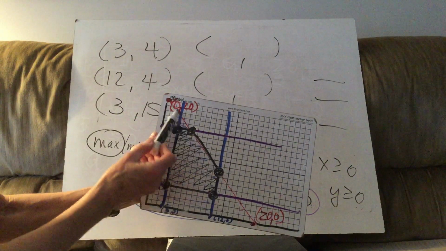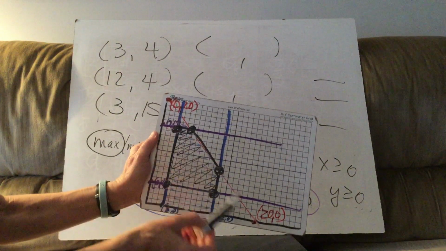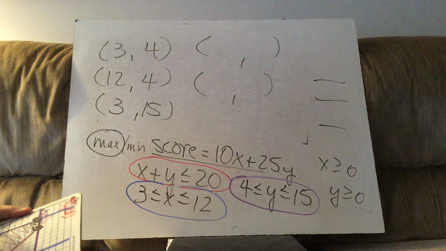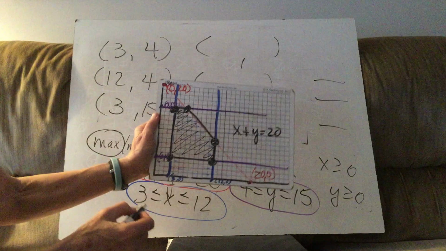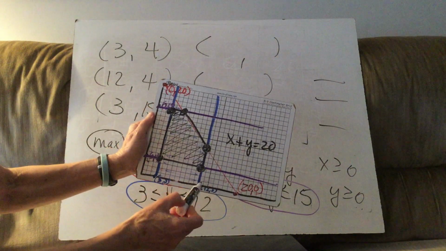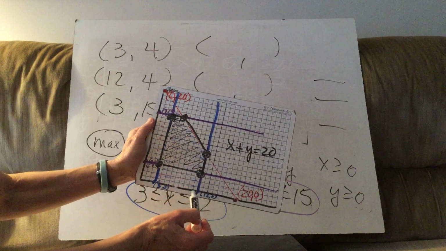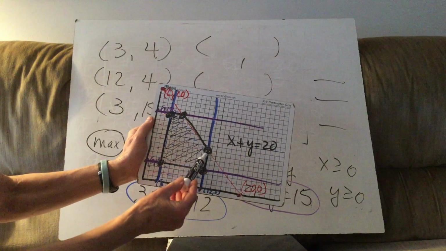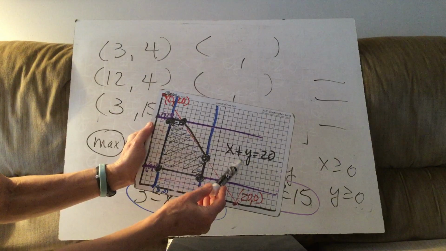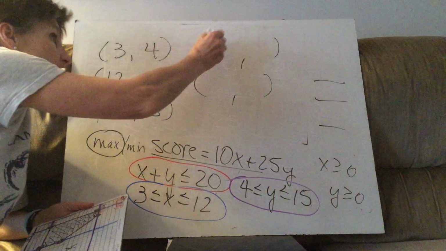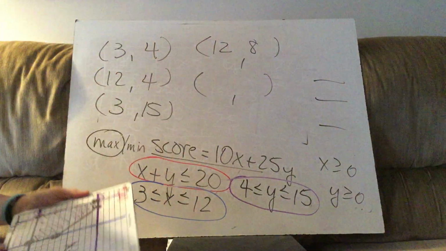But if you are on the red line, like these 2 points are on the red line, then you know X plus Y has to add up to 20. So if X is 12, then Y must be 8, because they have to add up to 20.